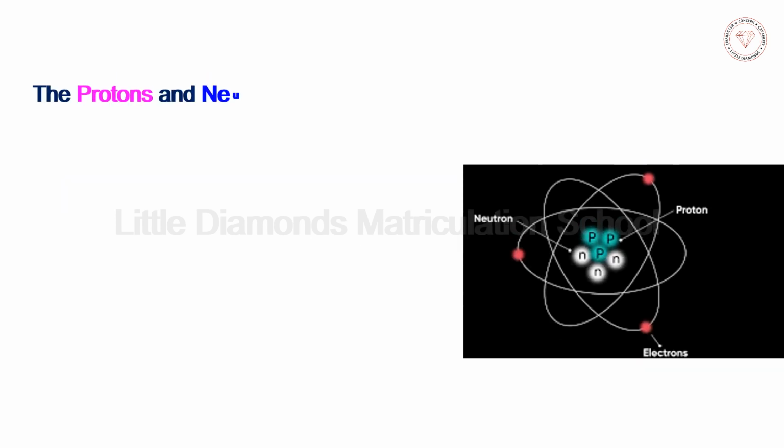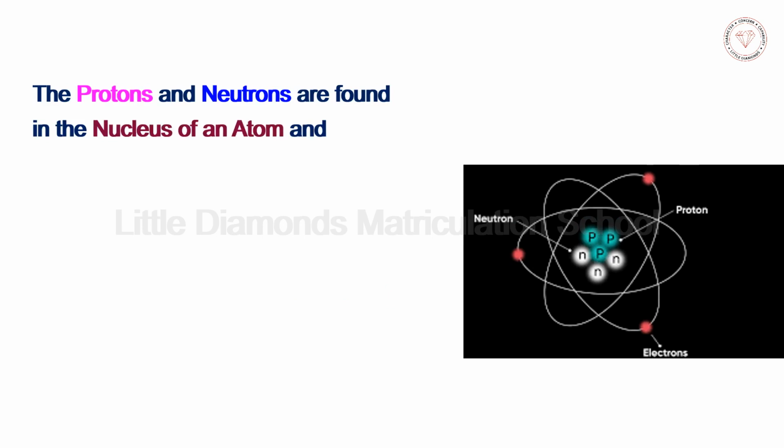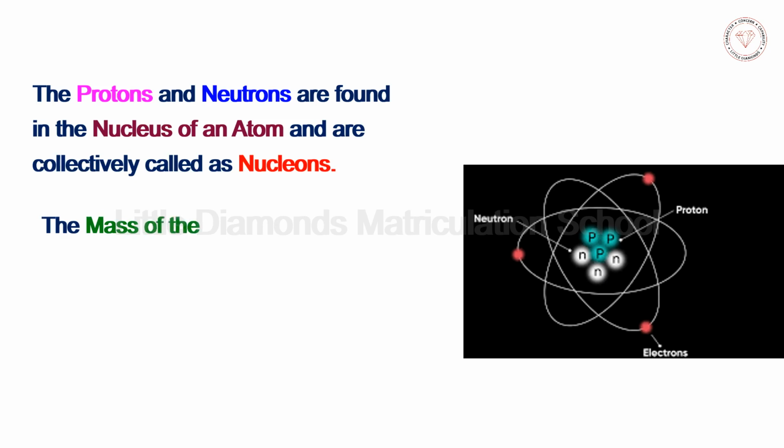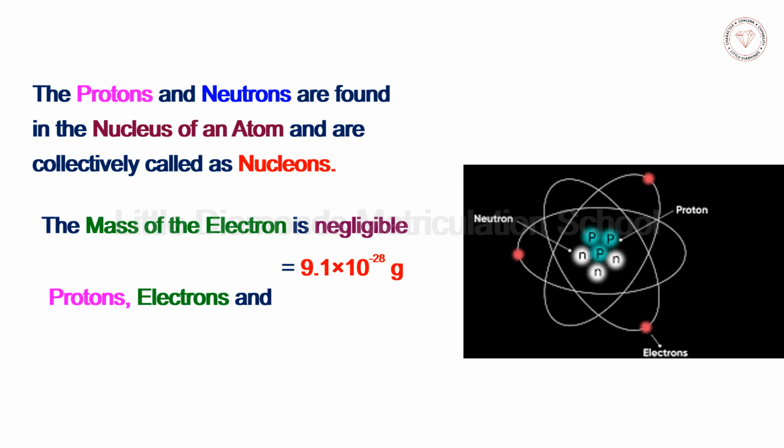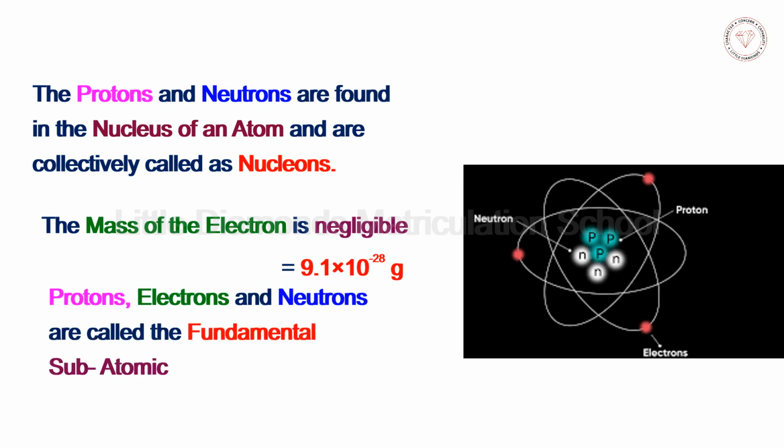The protons and neutrons are found in the nucleus of an atom and are collectively called as nucleons. The mass of the electron is negligible and it is equal to 9.1 into 10 power minus 28 grams. The protons, electrons and neutrons are called the fundamental subatomic particles in an atom.